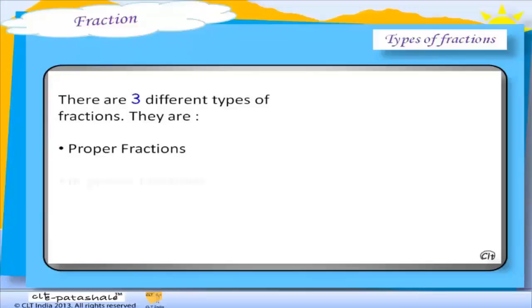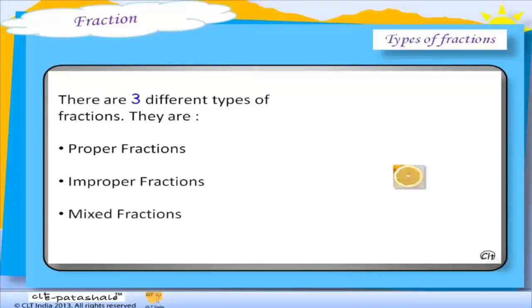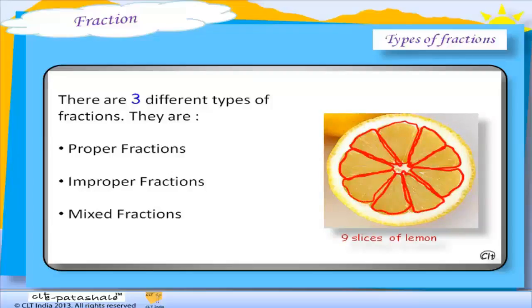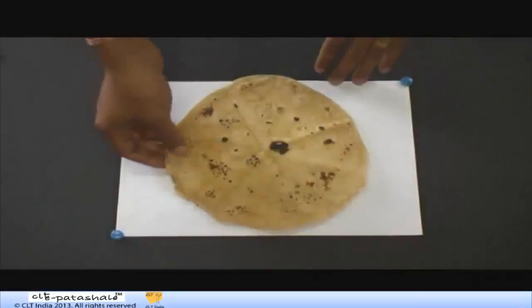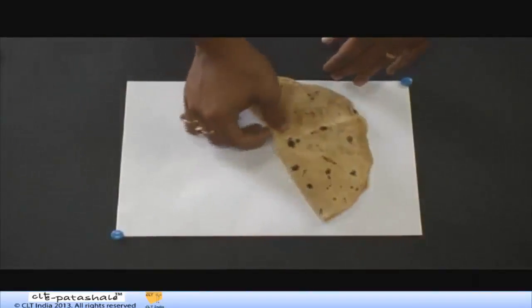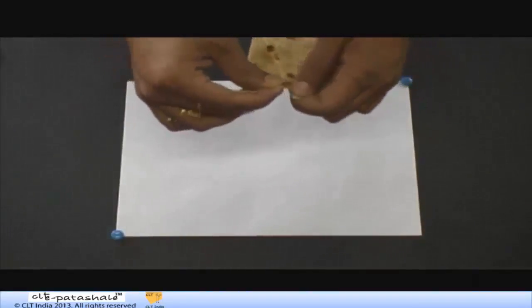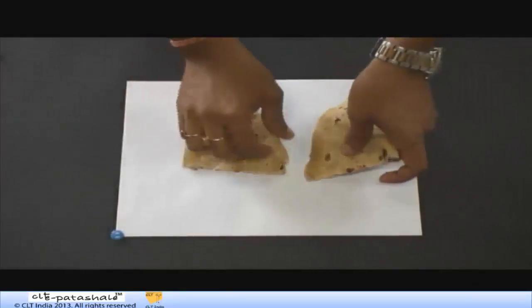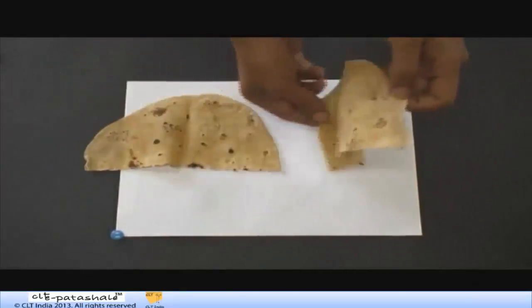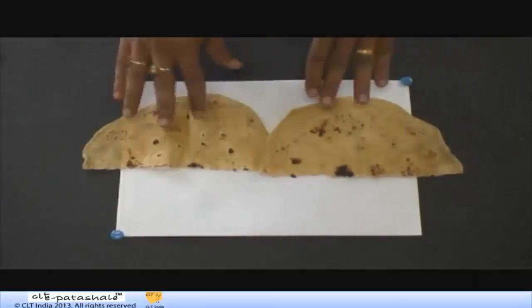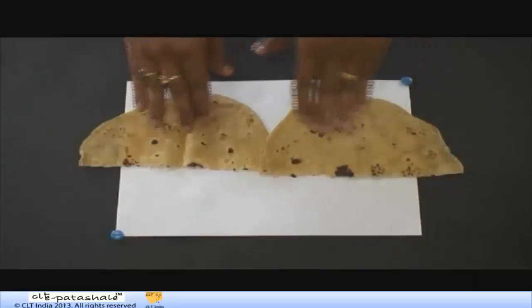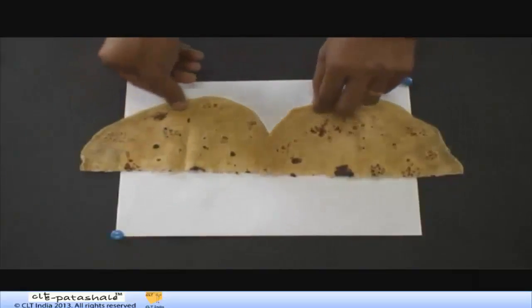There are three different types of fractions. They are proper fractions, improper fractions and mixed fractions. This is one chapati. If I were to fold it and break it into two equal pieces like this, then each piece of chapati is 1/2 of the full chapati.